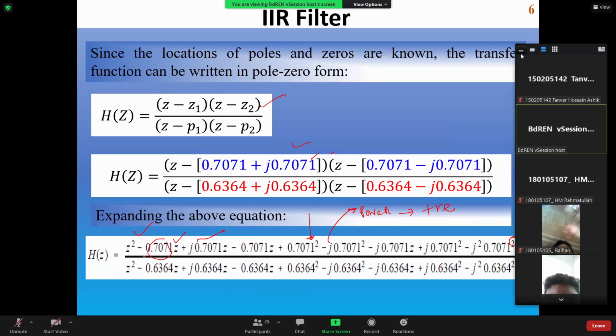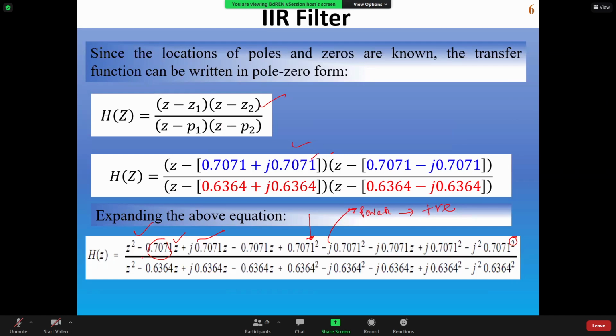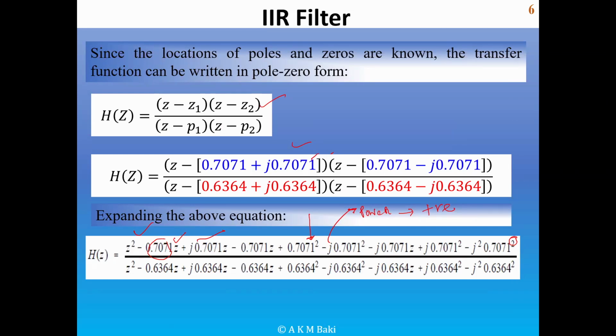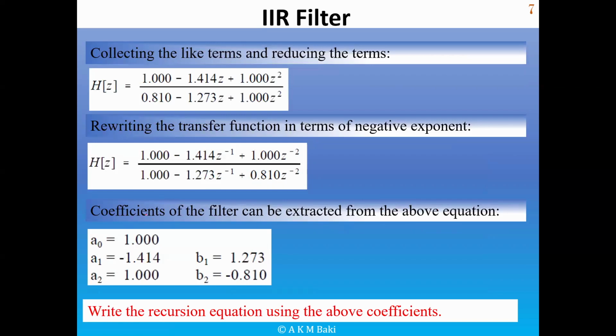Some become the same, some positive and negative, some can be added up. So this can also be simplified further. After simplifying, it will look like still positive powers. You can see the maximum power in this case is z to the power 2.